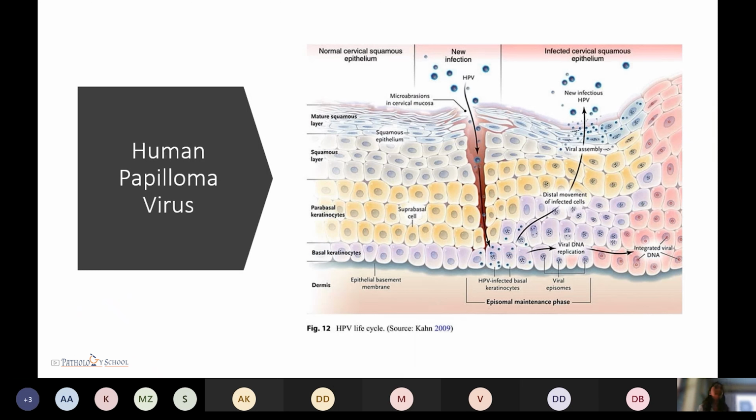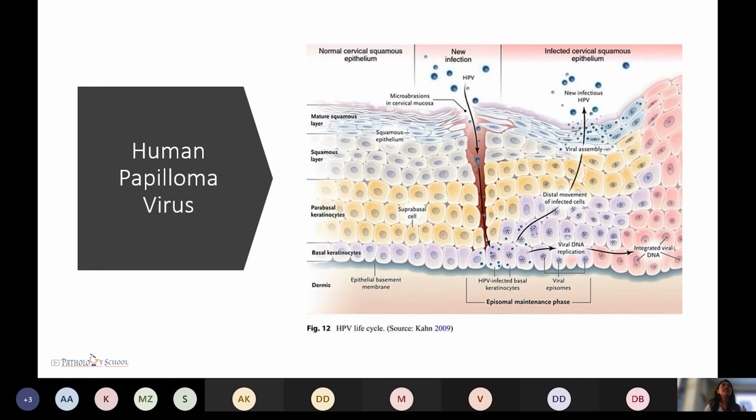Now, moving on to the life cycle of human papilloma virus. In order to cause an infection, the virus needs to gain access into the epithelium and reach the basal lamina and infect the basal cells. So what HPV does is it gains entry into the epithelium via the microabrasions that are present in the skin or the epithelial surface. Now, why does it infect only the basal cells?